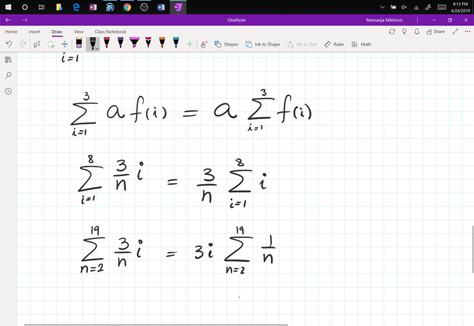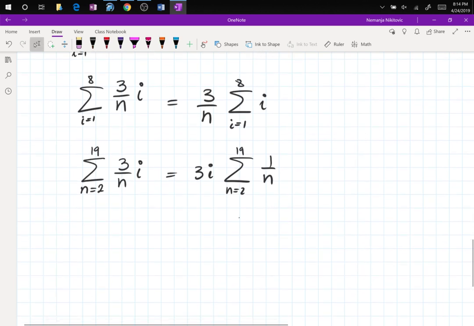So it's very important which variable you are using as a counter, which is why I told you earlier that dx, you have to have it every time because you can have a dy, you can have dz. So it's important to know what variable you are differentiating and integrating with respect to, and in terms of sums, what are you summing over? It's all the integers in this case.